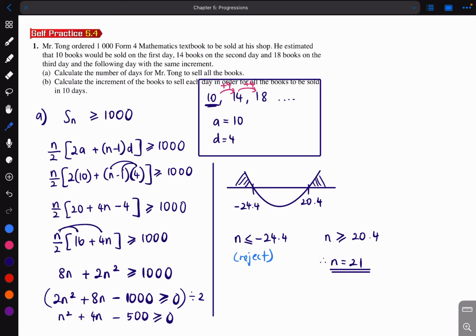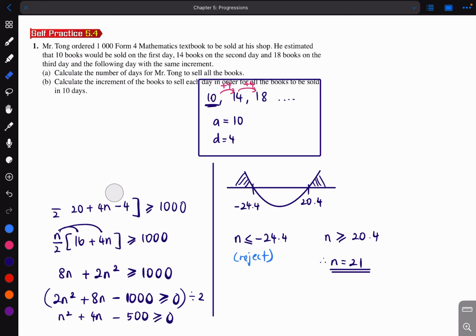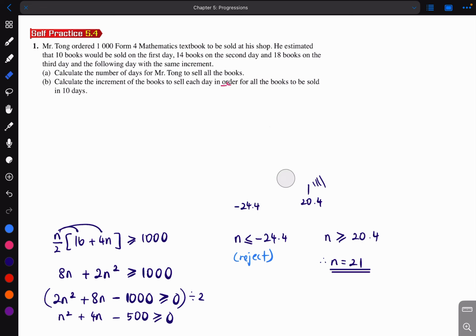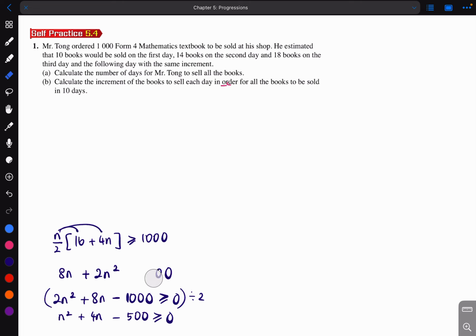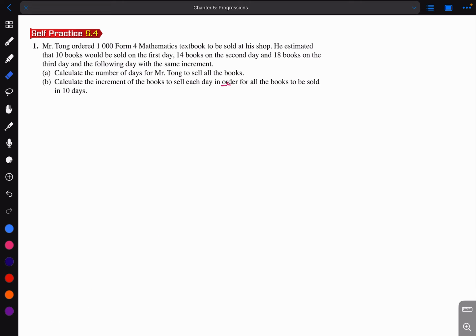Okay, let's look at question B. Calculate the increment of the books to sell each day. Oh, let me erase first. Calculate the increment of books to sell each day in order for all the books to be sold within 10 days. Okay.